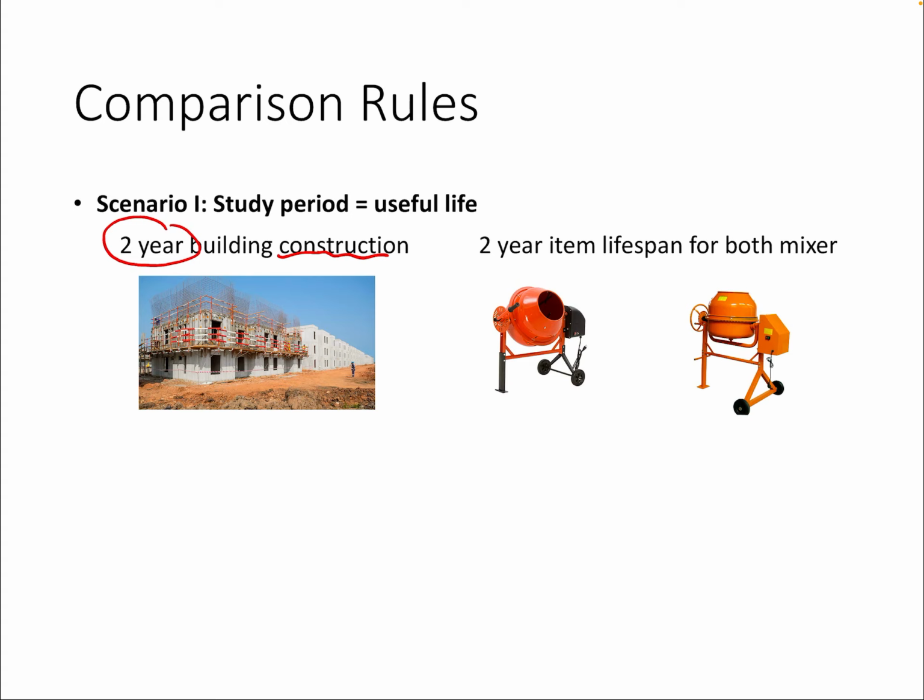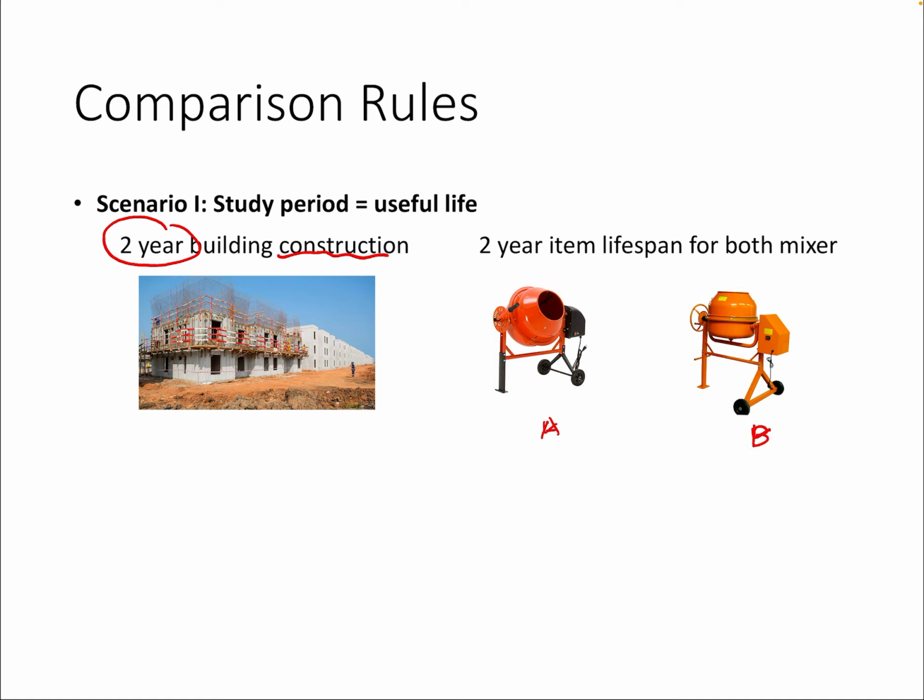And so to build this concrete building, you need mixers, right? And to mix the concrete. And then, so you have two options. These are the two models of mixers, Model A and Model B.